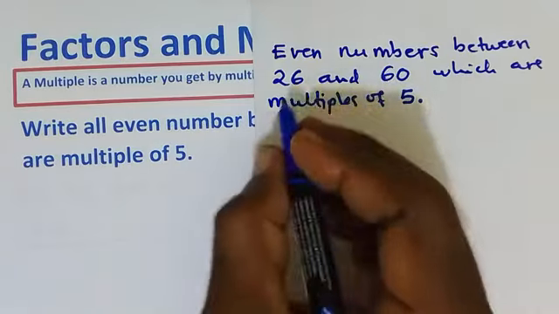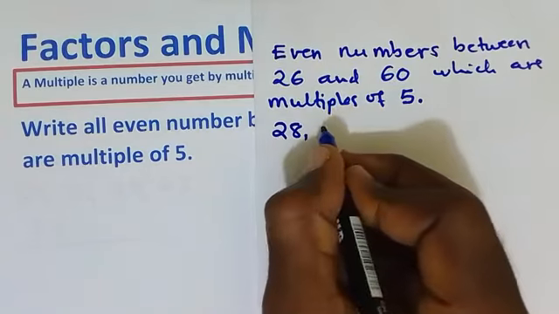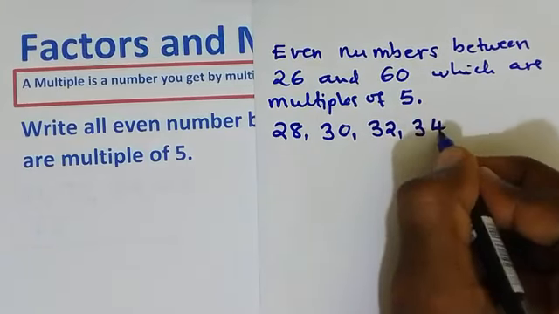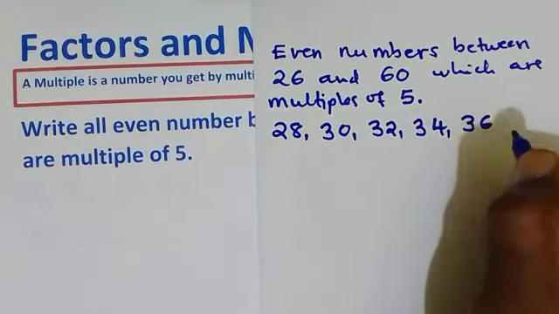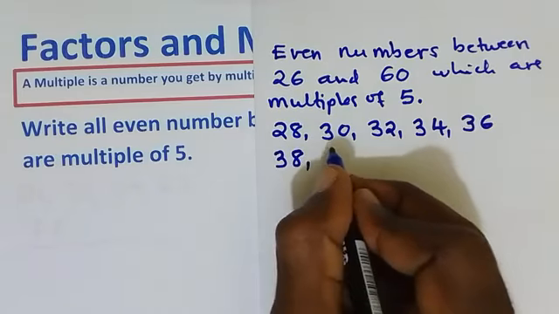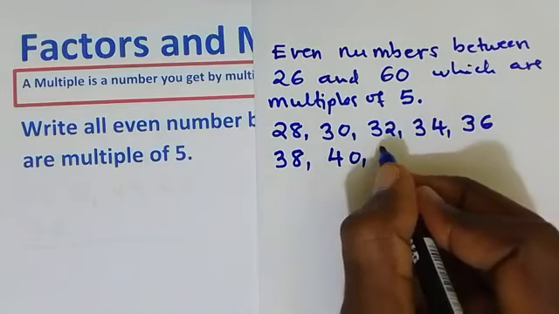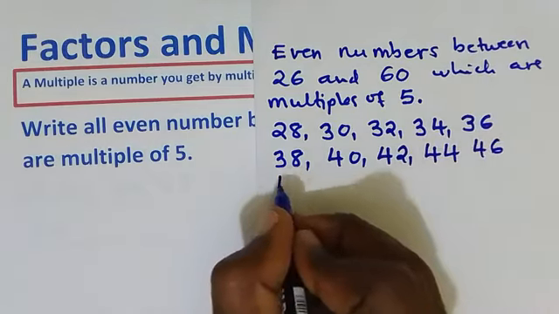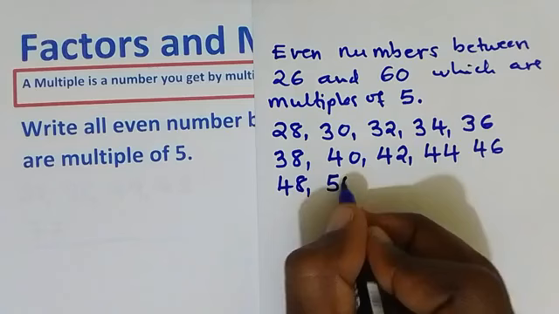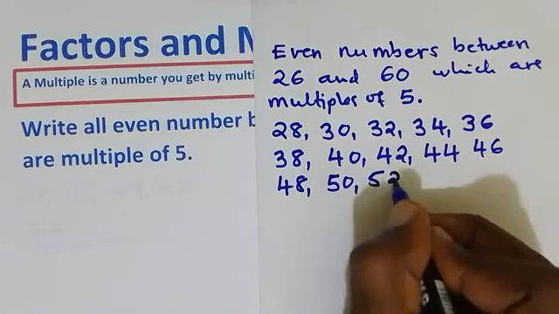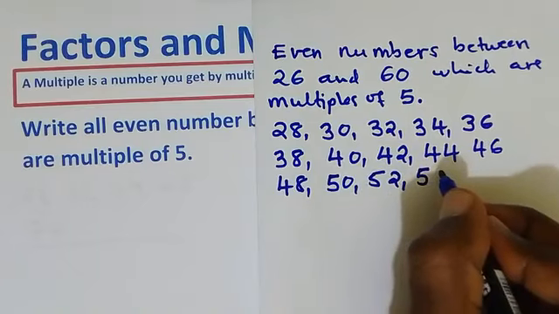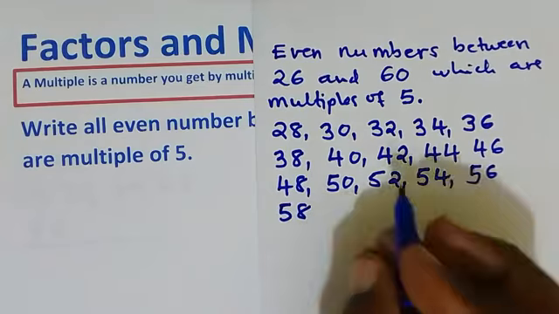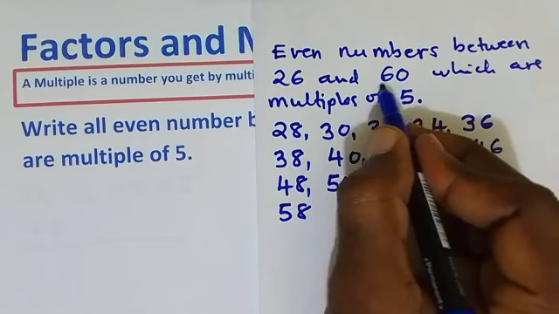The first one is going to be 28, 30, 32, 34, 36, 38, 40, 42, 44, 46, 48, 50, 52, 54, 56, 58. We need the ones that are in between, so 60 is not included.